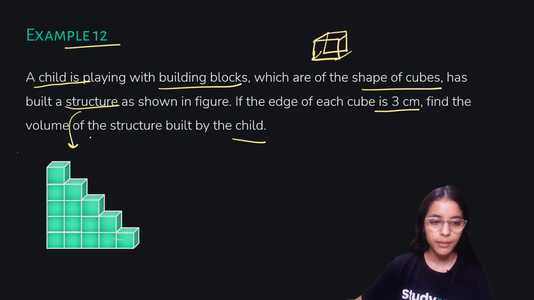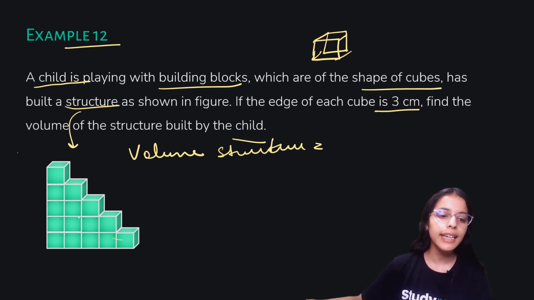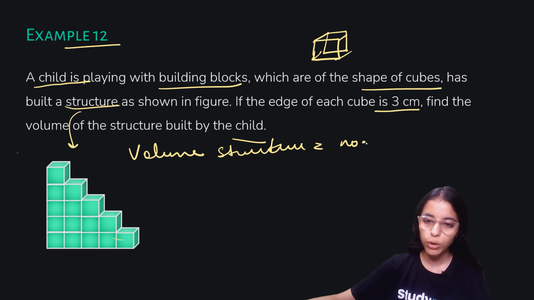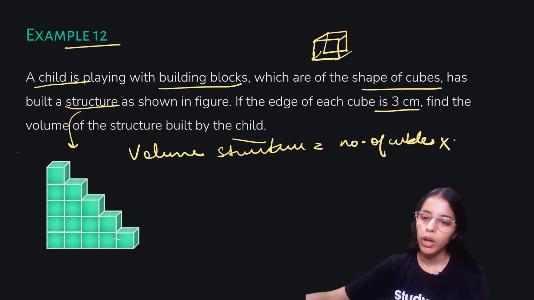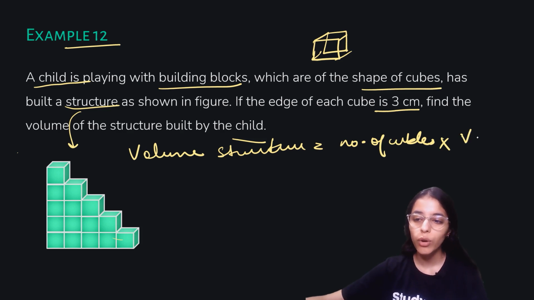So the total volume of the structure would be equal to the number of cubes into the volume of a single cube, right?